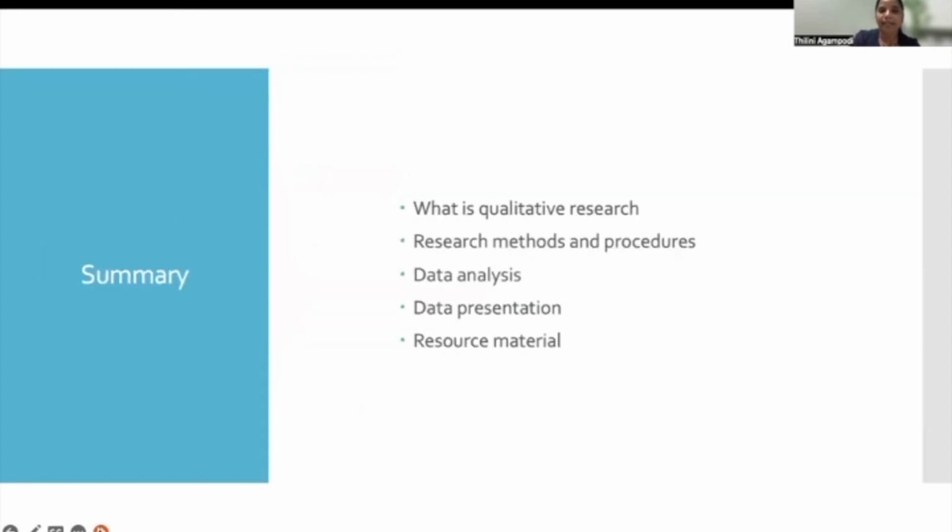In summary, today we learned what qualitative research is, what the research methods are, and what the particular procedures are. Basically, how to analyze, or what qualitative analysis means, how to present qualitative data, and what resource materials are available for you to learn about this.